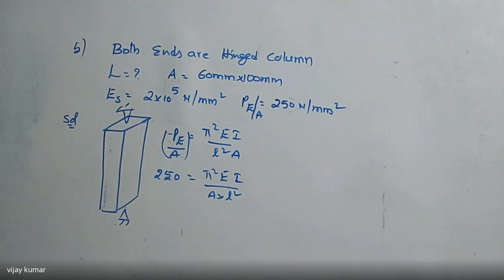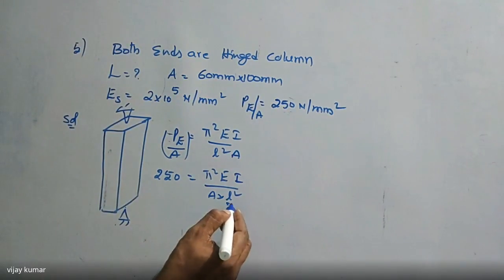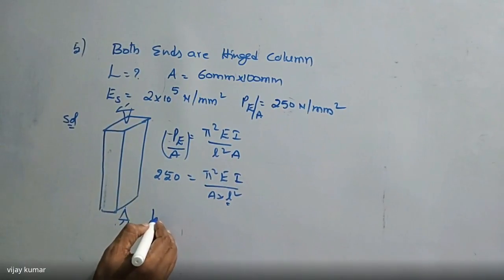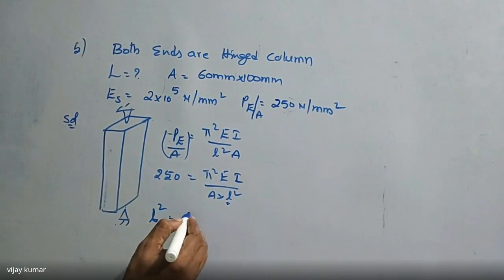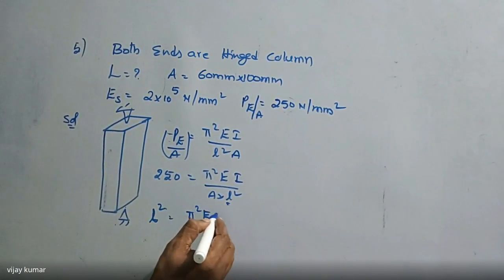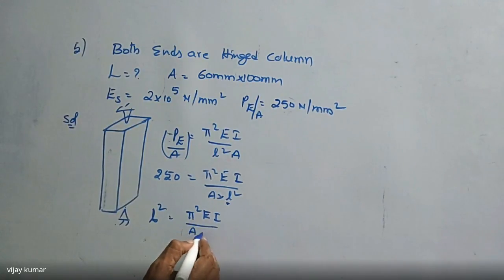Or you got my point? Then I want to find L square here. So L square is equal to pi square into E into I divided by area into 250.